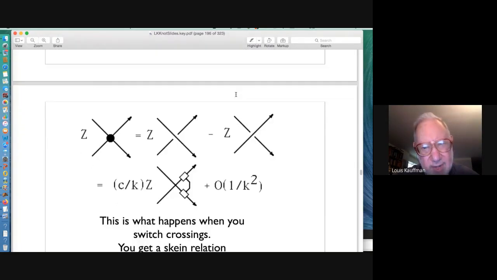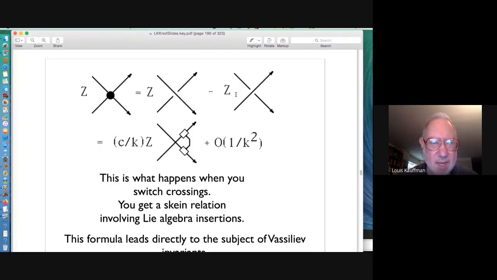One of the things you can do with this is ask what happens if I were to switch a crossing. Then it will change, and you can figure out how it changes in relation to the Lie algebra, because there is a double Lie algebra insertion that ends up not being 0 when you switch a crossing. When you make a deformation that switches a crossing, another space direction happens.